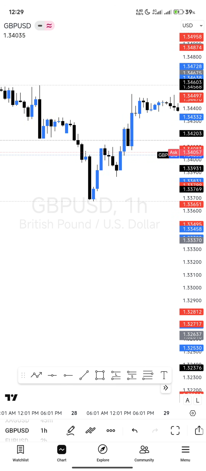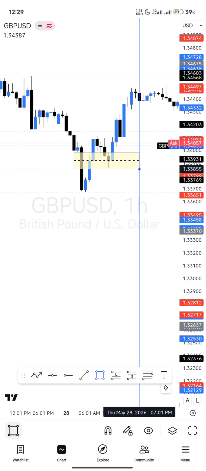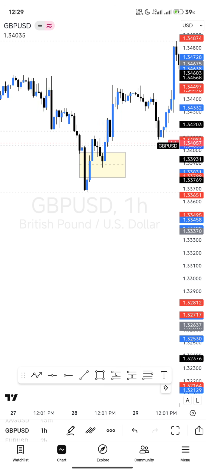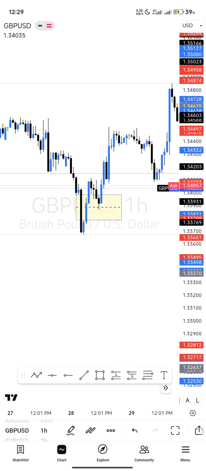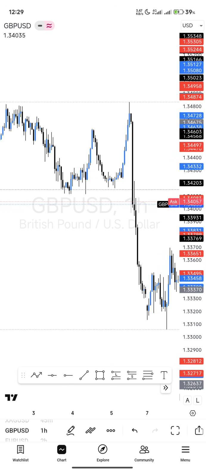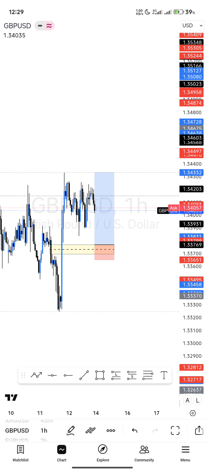Okay, this is another example of an inverse fair value gap here. See this fair value gap right here. Price closes above it, retraces into the fair value gap and continues to what? To buy. Hope you can see that. So basically it's what fair value gaps are all about.